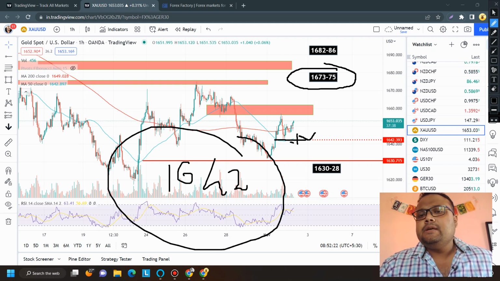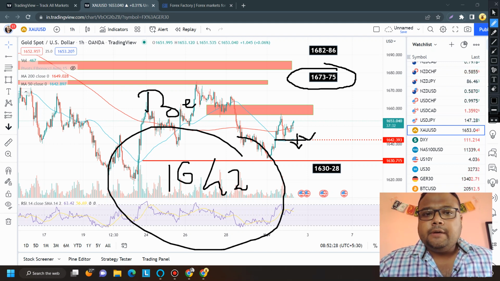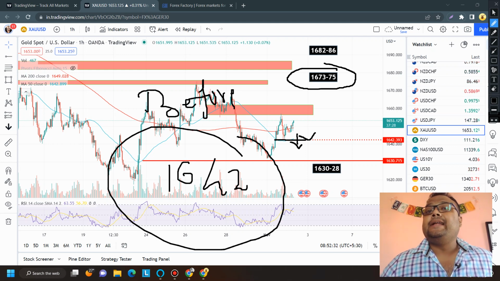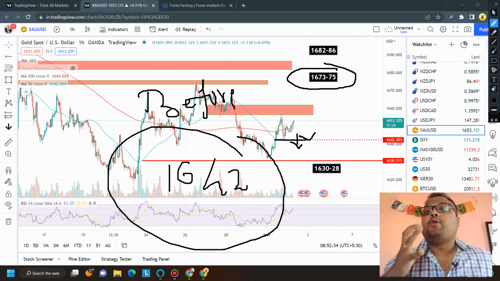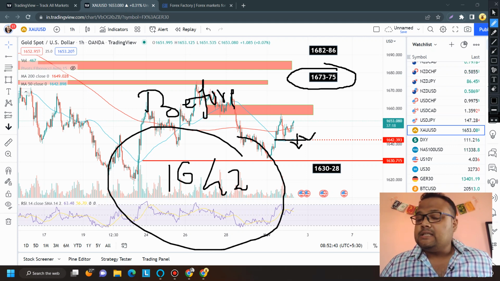But in case you see the market breaking the level and going down, listen to me carefully. Before FOMC, if you see the market breaking the 1642 level and going down, try to avoid any sell position, because for a proper breakdown we need a good amount of volume, participation of the traders.